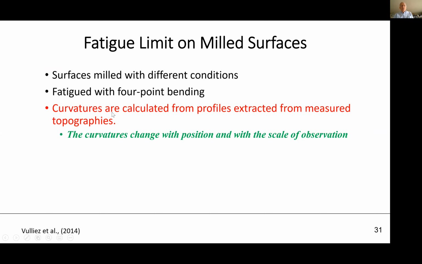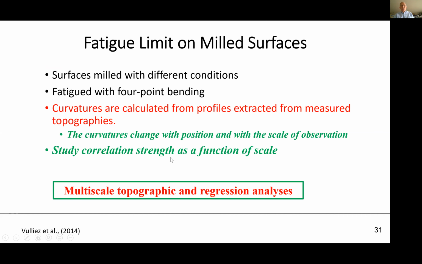Many of you know Matt, and he was one of the ones that worked on this. Anyway, we calculated the curvatures, and curvature changes with position and with scale, unlike the relative area that's calculated for the whole surface. And then we studied the correlation strength as a function of scale.